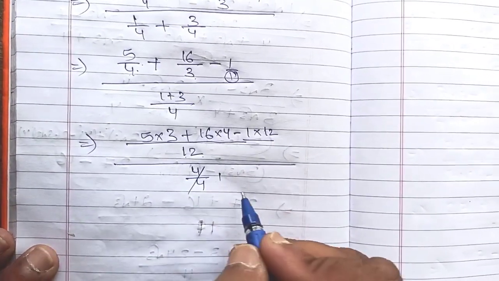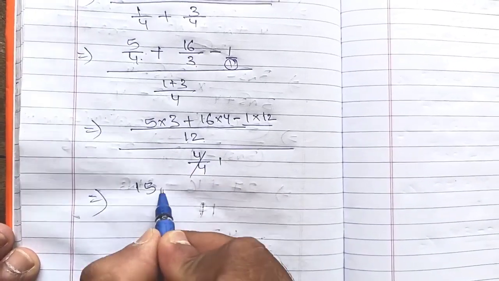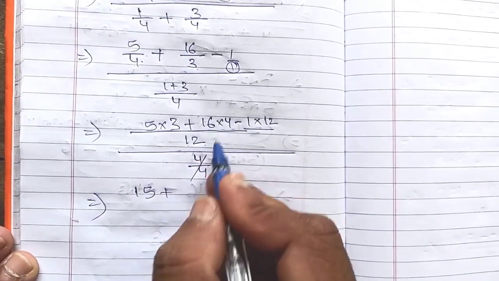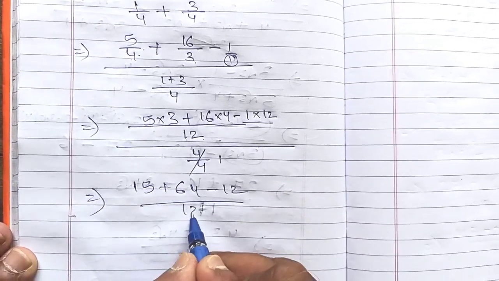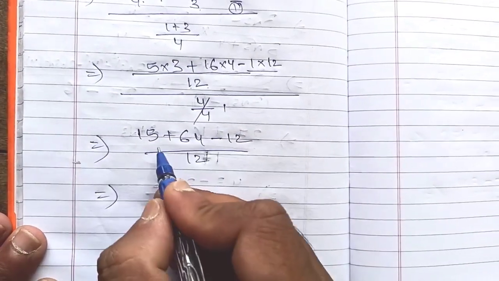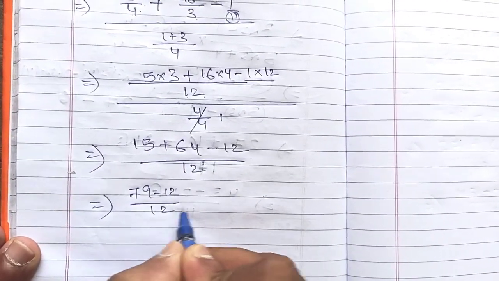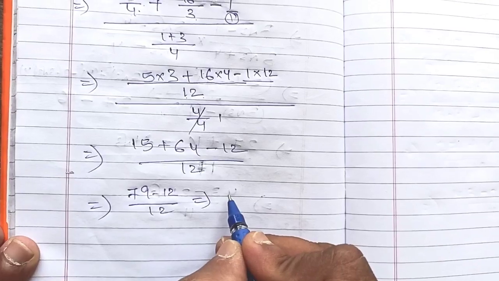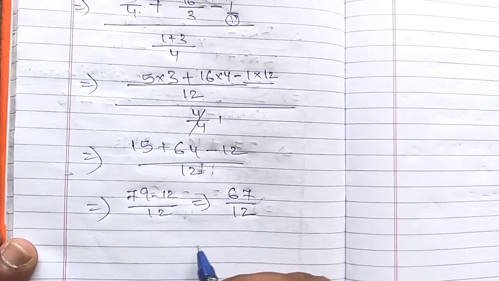Okay, no need to write anything in the denominator now. You write it: 15 plus 16 4s are 64 minus 12 by 12. 15 plus 64 is 79 minus 12 divided by 12. 79 minus 12 is 67 divided by 12.